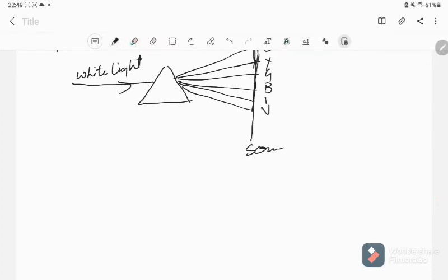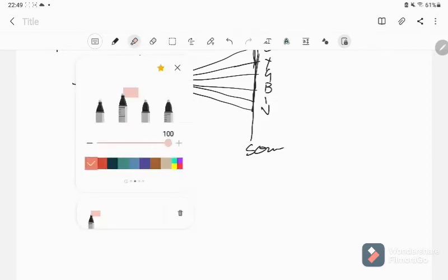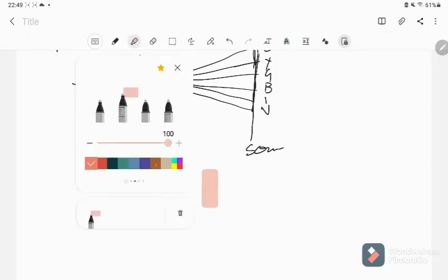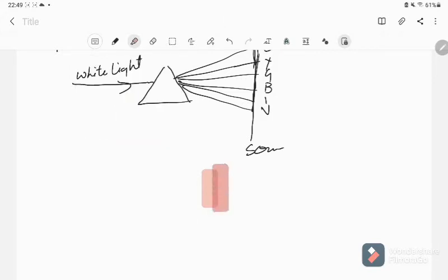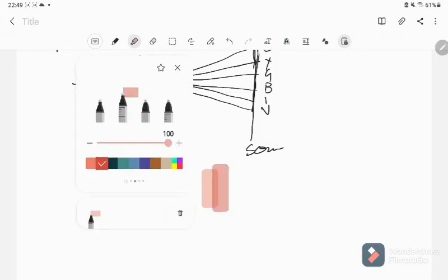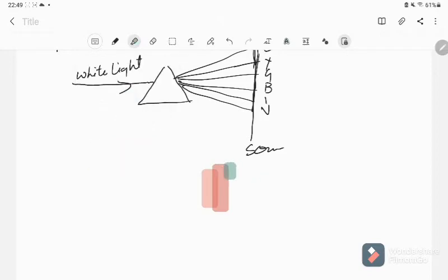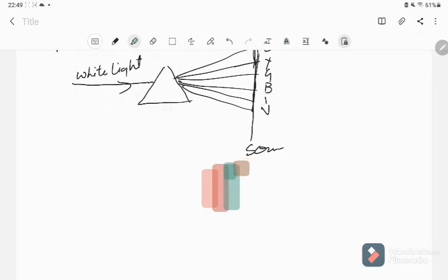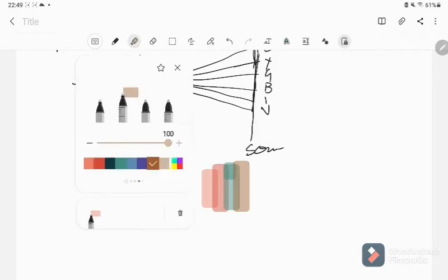Like this we will get different colors. You will see different colors on the screen.